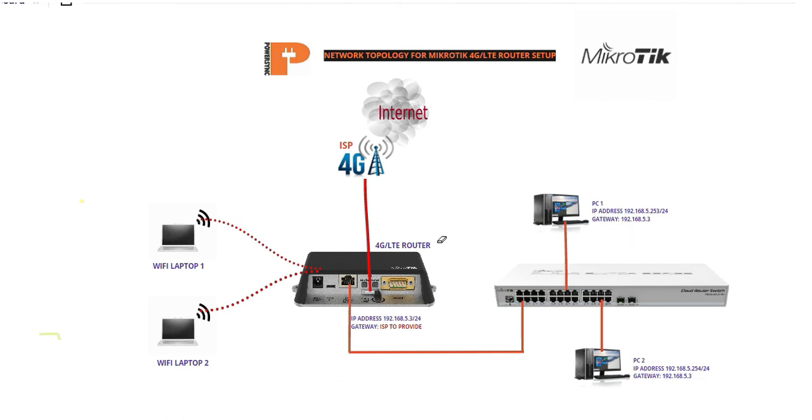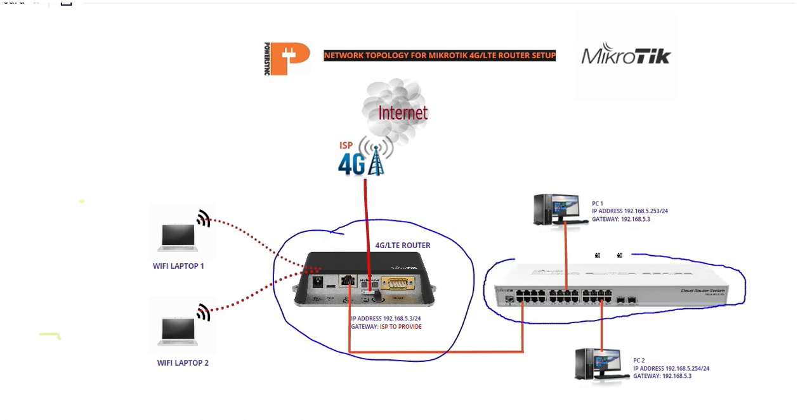Let us describe the topology that we are trying to set up. We have the Mikrotik router sitting in the middle of the network. I also have my switch where I am connected, and another desktop connecting to this switch.